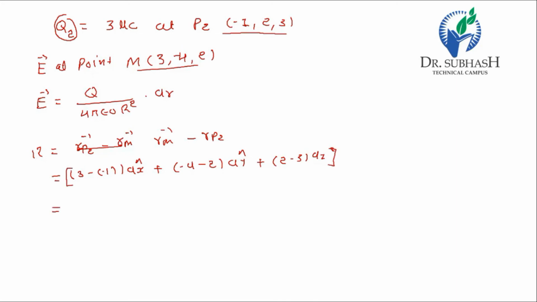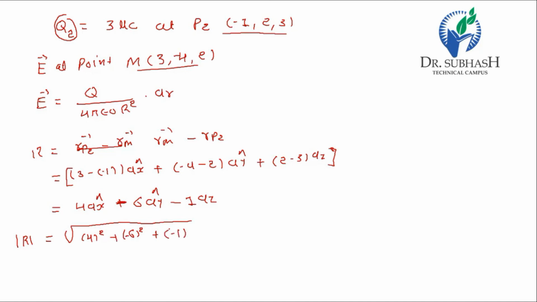That is 4AX, minus 6AY, minus 1AZ, and the magnitude of the R vector is under root 4 square plus minus 6 square plus minus 1 square.